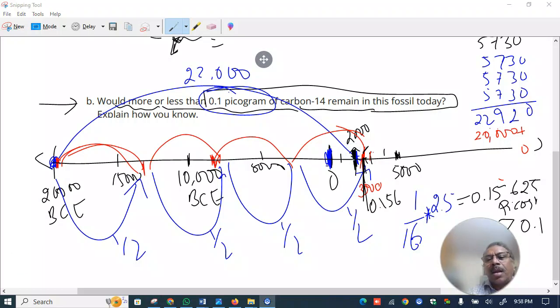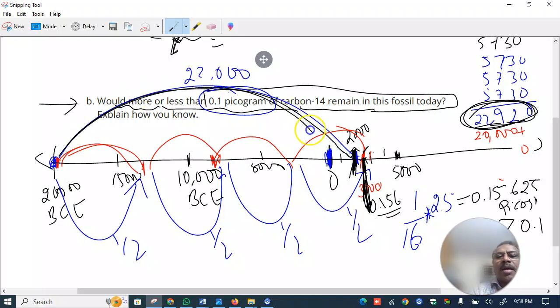At this time it is 0.1, that is 22,000. After so many years, that will be 0.1. That means we are just at 2,000 here. This is 22,000, right? So here it will be less.